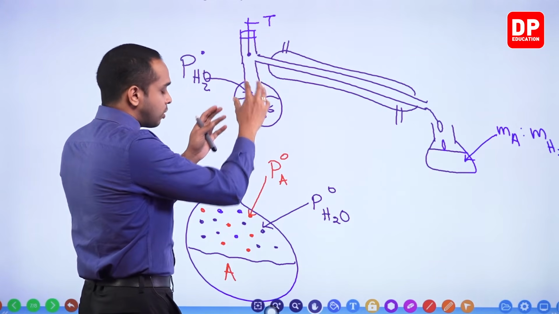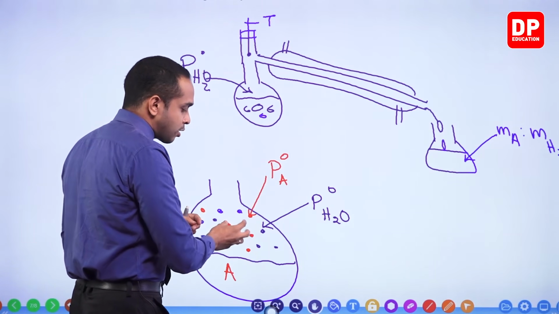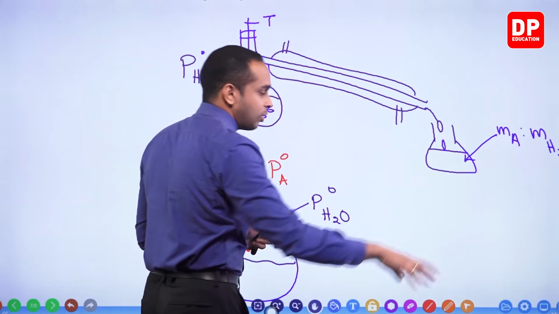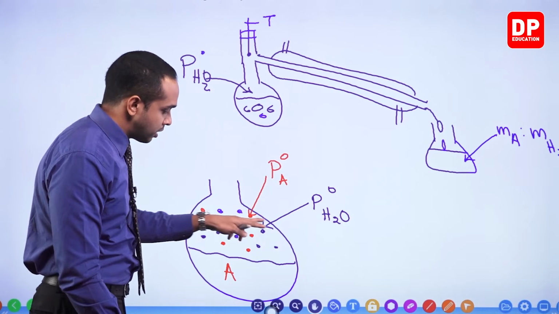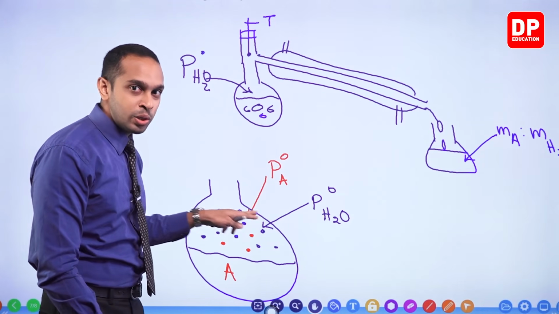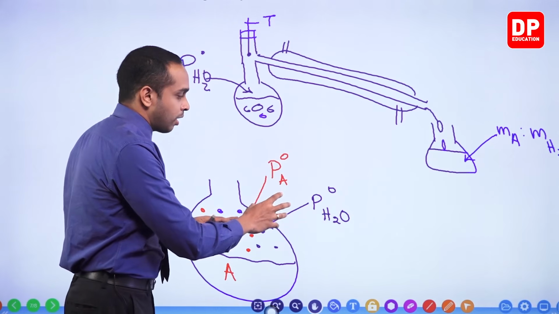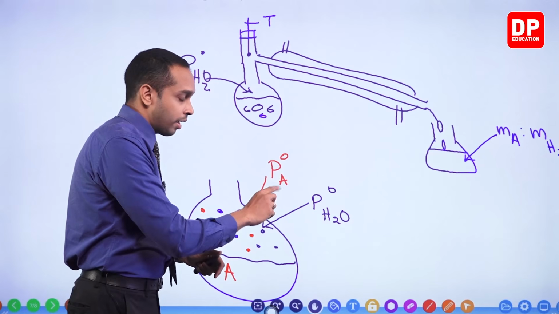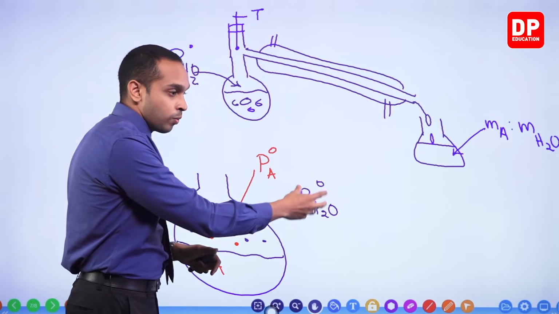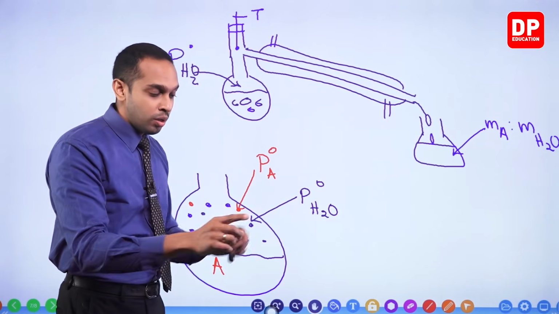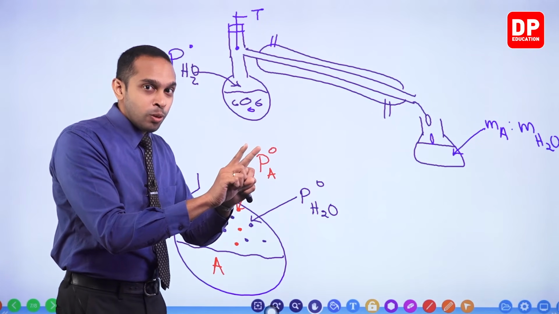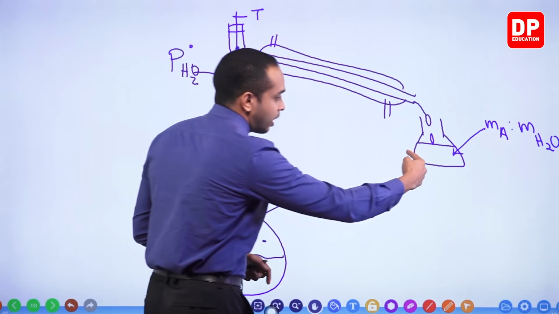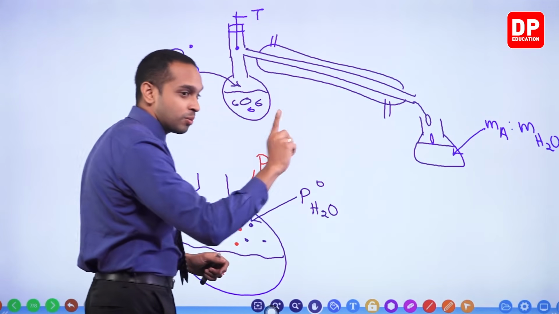Why? Because this vapor that I have indicated here is going to go through this Liebig condenser and get condensed into forming water. So if the number of moles of essential oil is Na, and the number of moles of water is NH2O, the ratio between the number of moles found in the vapor phase as well as the liquid phase happens to be the same.